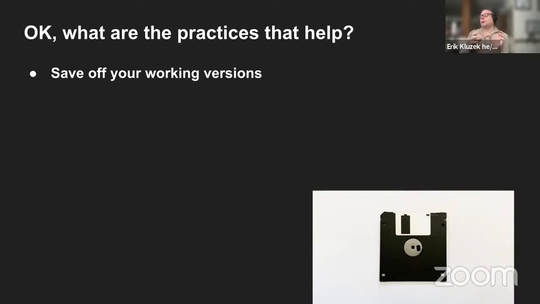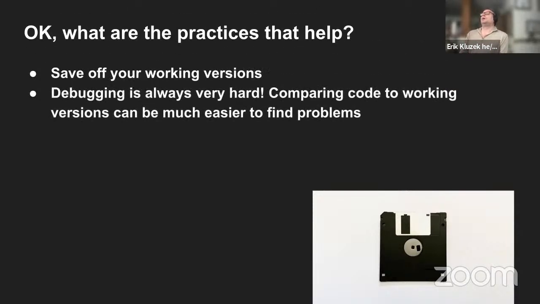You make a change and then something breaks, and finding what broke is really difficult if you don't have saved versions that you know work. Debugging is always very hard, but comparing code to working versions can be a much easier way to find problems.